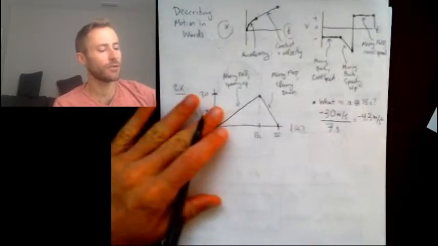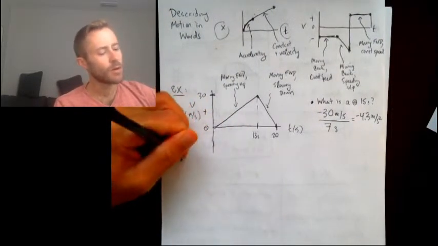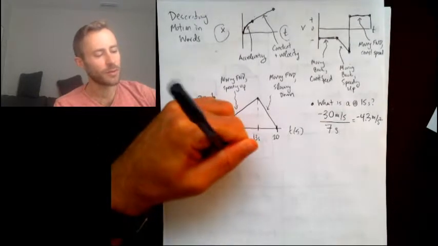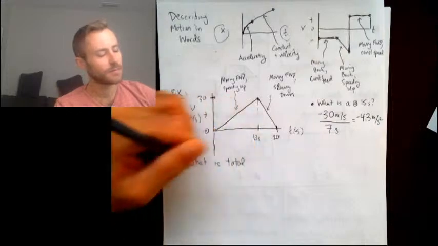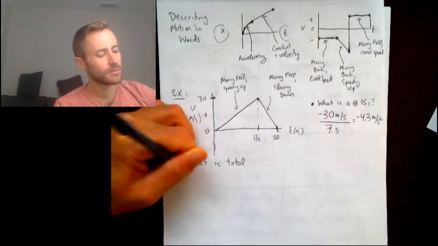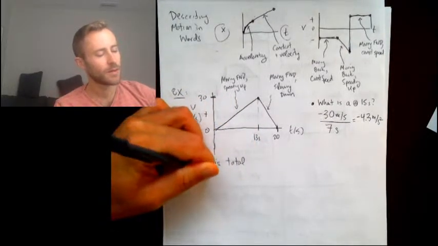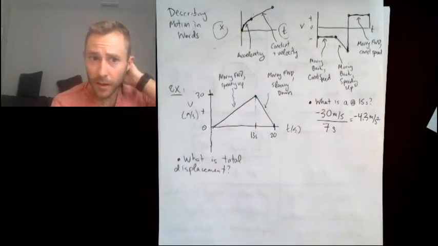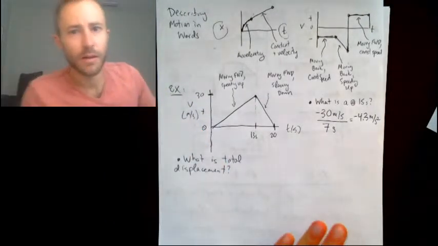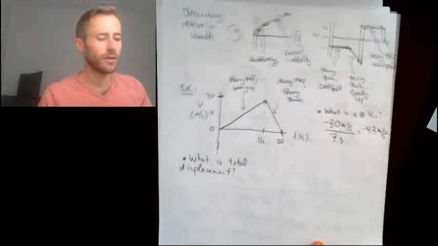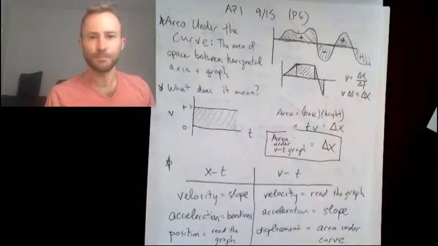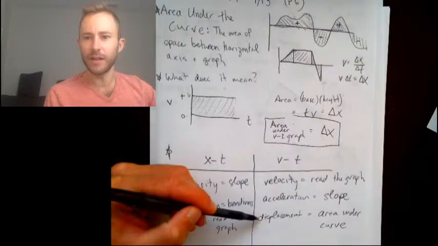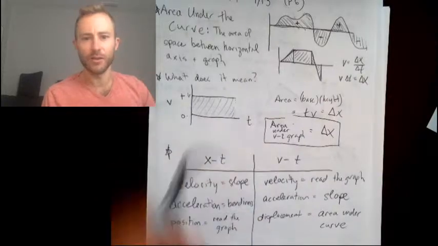What if I asked you, what is the total displacement? Again, I'm looking at the velocity time graph, and if I want displacement, that is area under the curve, okay?